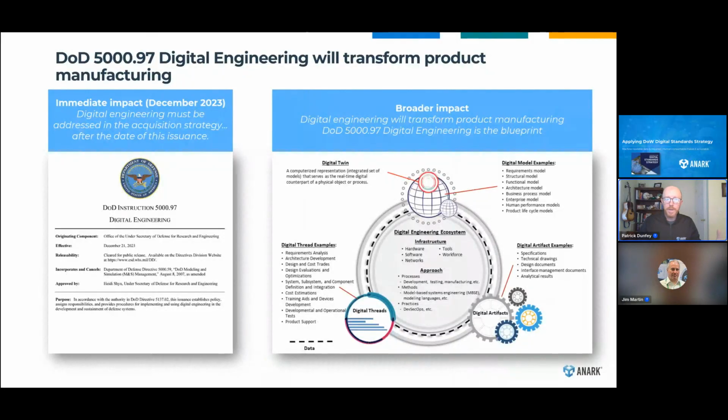But what was there at the time in terms of digital thread, digital artifact, and digital engineering ecosystems was a lot of ideas and guidance, but not a lot of practical application.